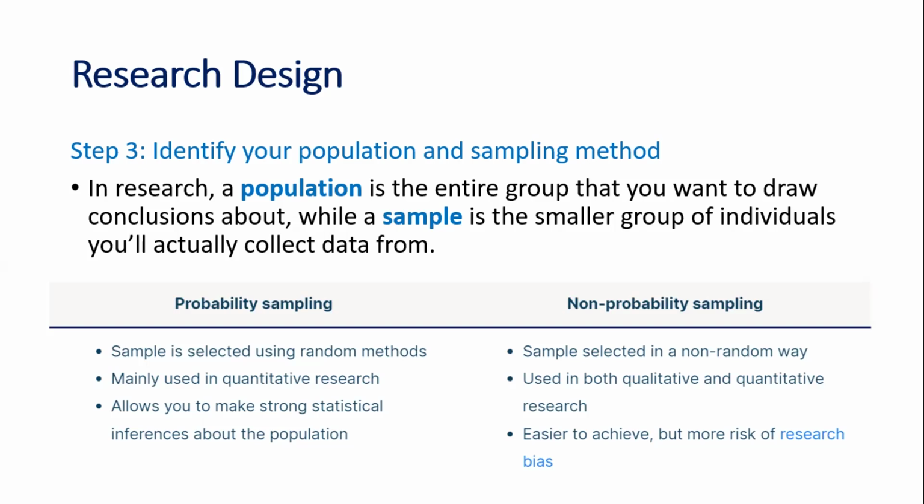So you meet one person from that population and collect data from that person, who introduces you to another person, who then introduces you to another person. In this way, you have a snowball effect, growing from one sample to many.